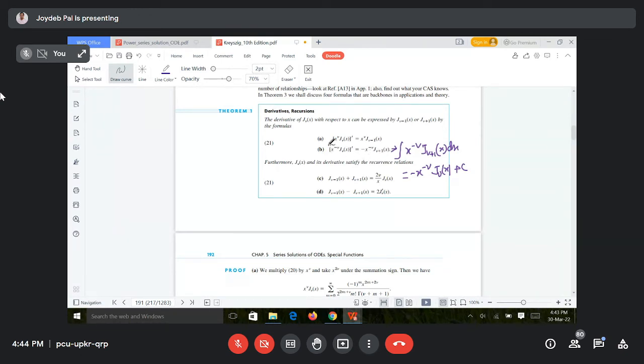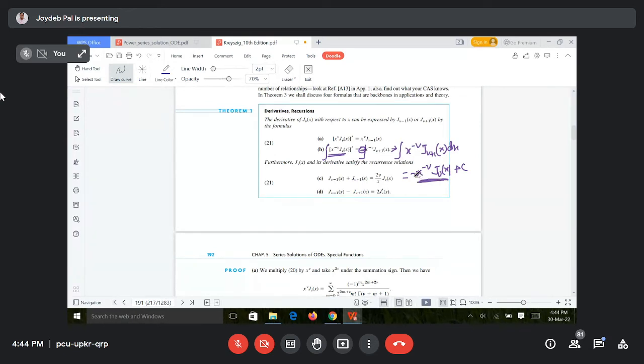Look, I am taking integration on both sides to get the formula. So the left side will be what? Integration of d/dx of f x. That means what? f x only. So that is this one, x to the power minus nu J nu x. And here, because of that minus sign, I am moving that minus sign to the other side.